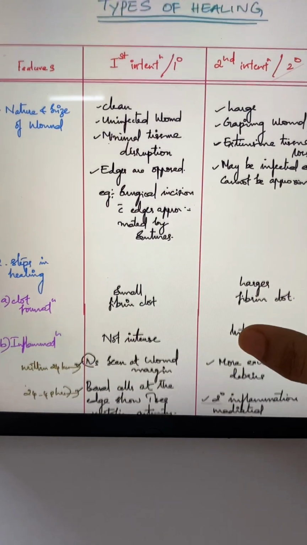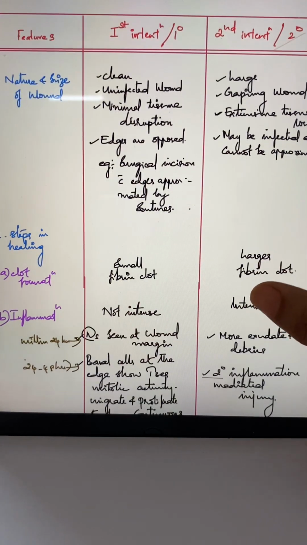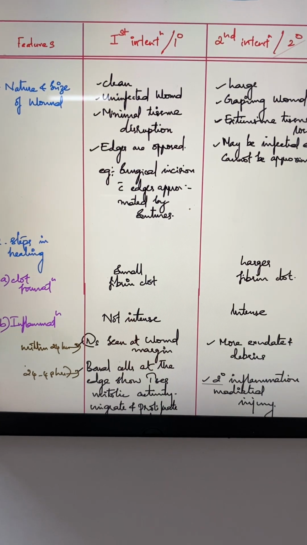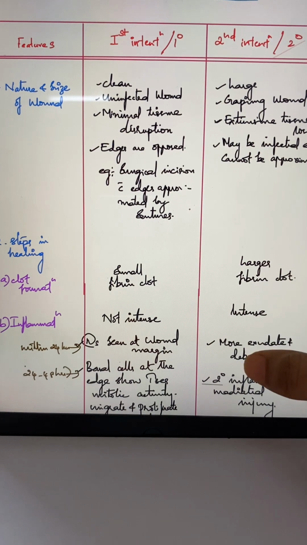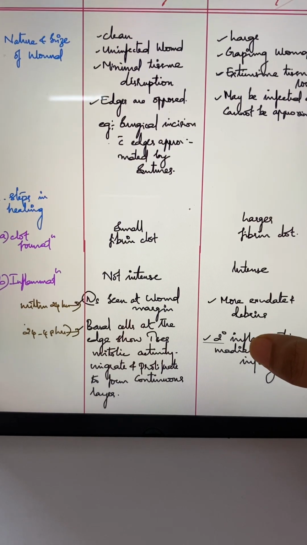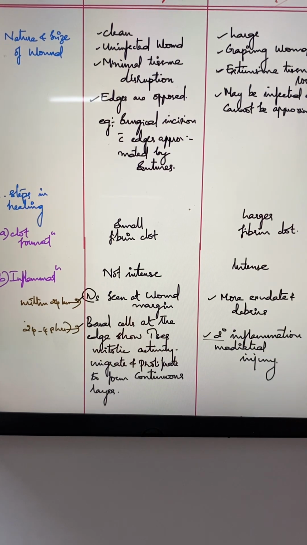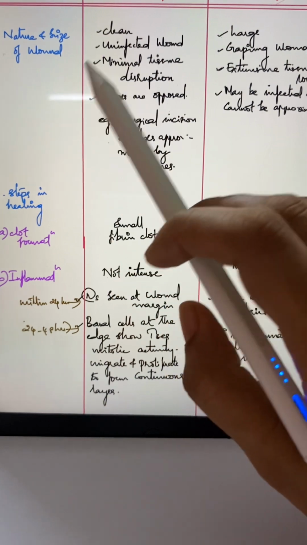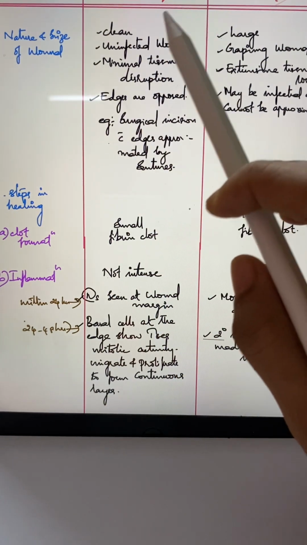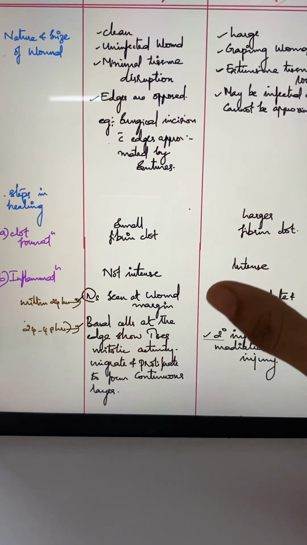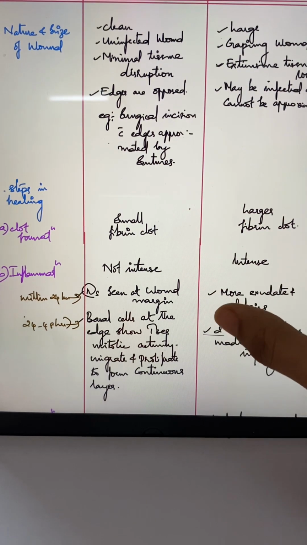And next, there are two types of healing: primary intention and secondary intention. The healing by primary intention and healing by secondary intention. First is based on certain features. When we consider the nature and size of the wound, in the primary intention, it is a clean and uninfected wound with minimal tissue disruption, and edges are opposed.